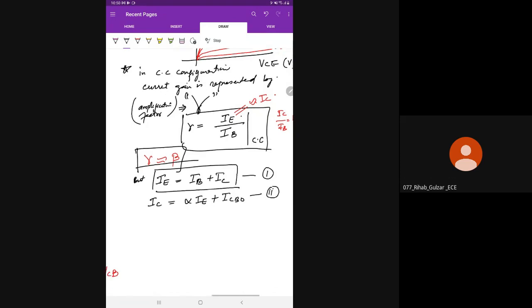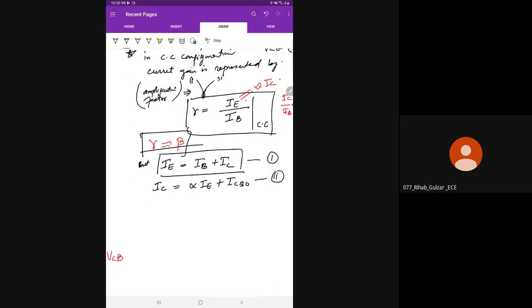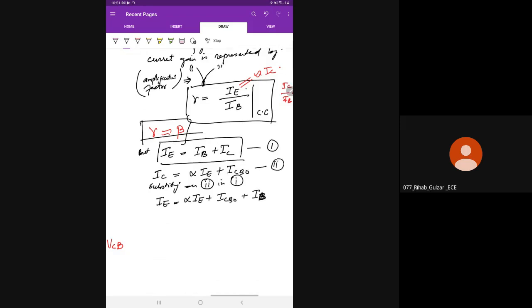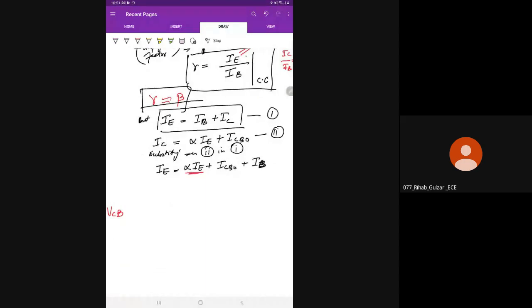If we substitute the value of equation 2 in equation 1, we will have IE equal to alpha times IE plus ICBO, plus IB. Now you have IE here, then you have IE here.